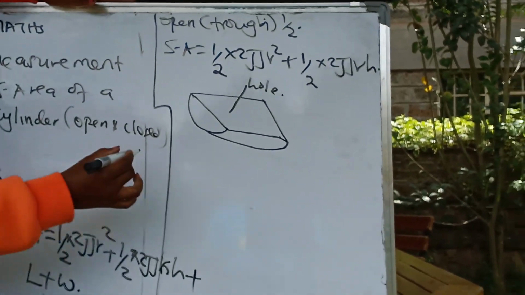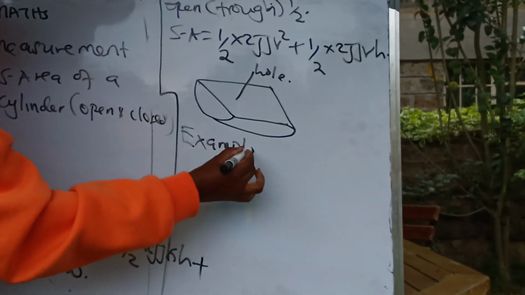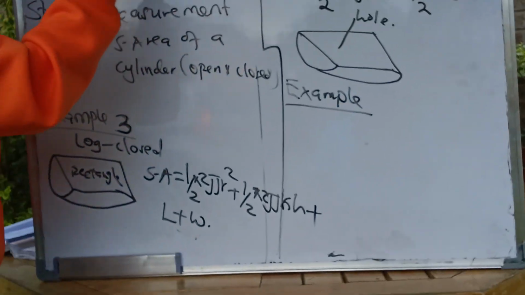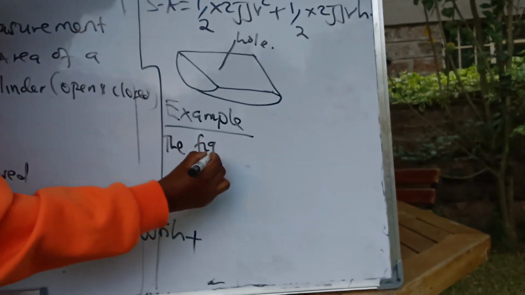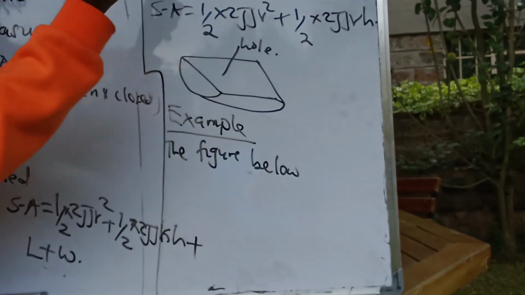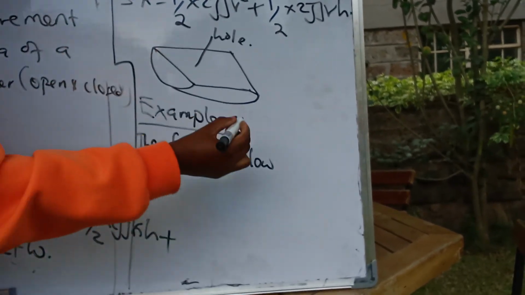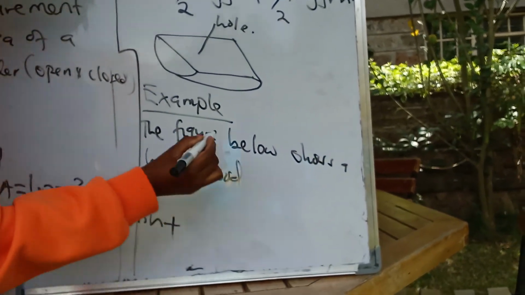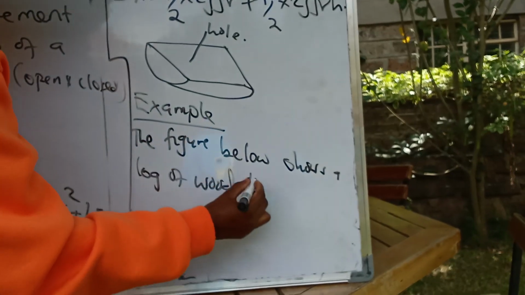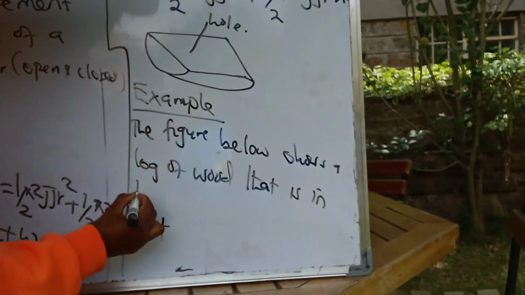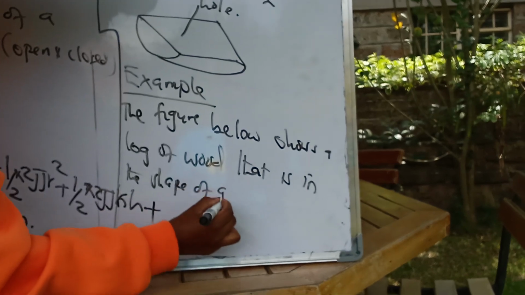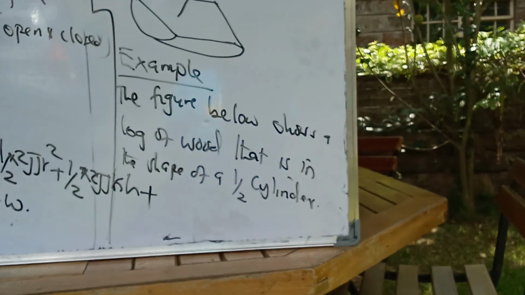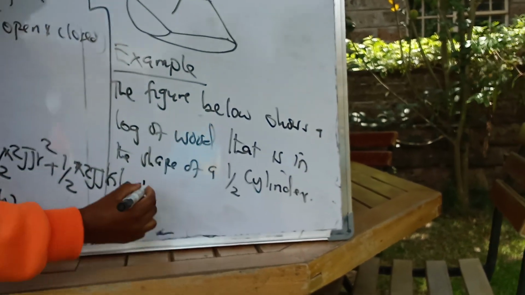Understood? Let's have an example, and for today you are going to have an example of a log. For example, the figure below shows a log of wood that is in the shape of a half cylinder. Then you are told, calculate its surface area.